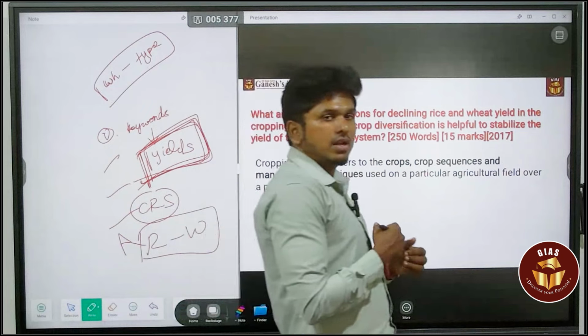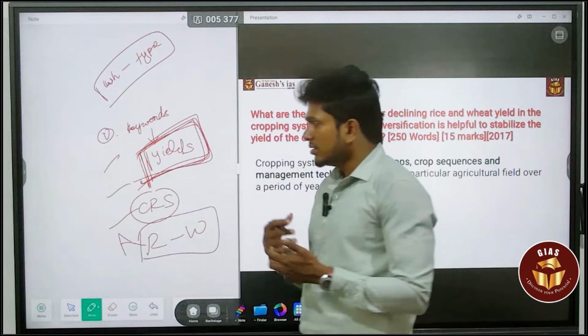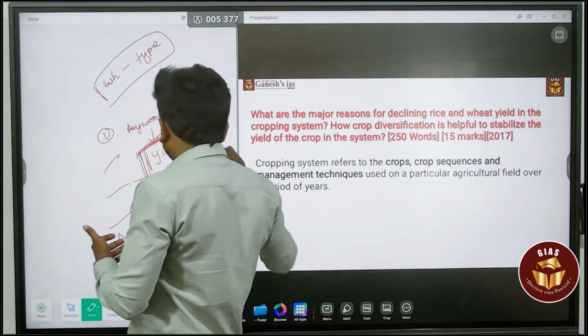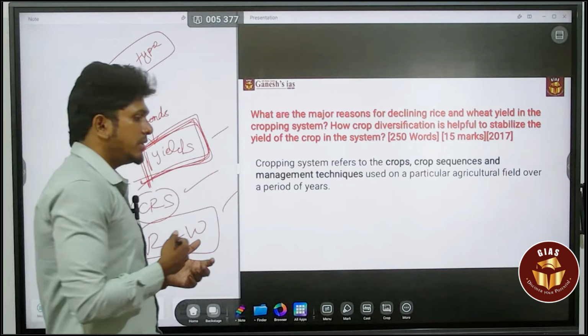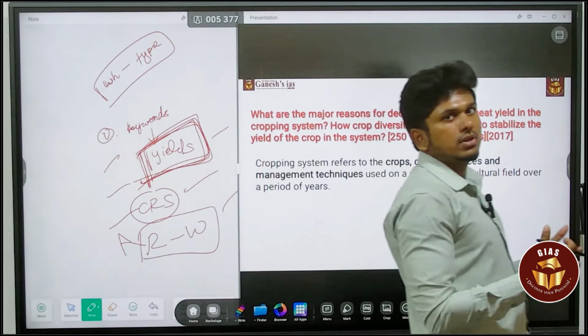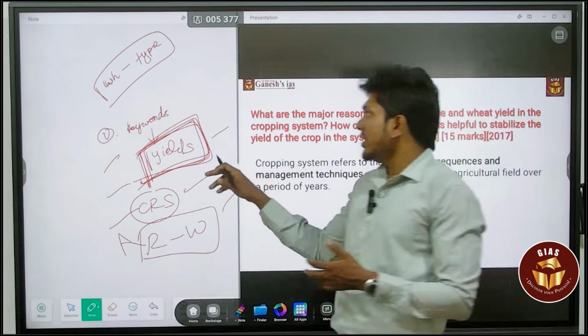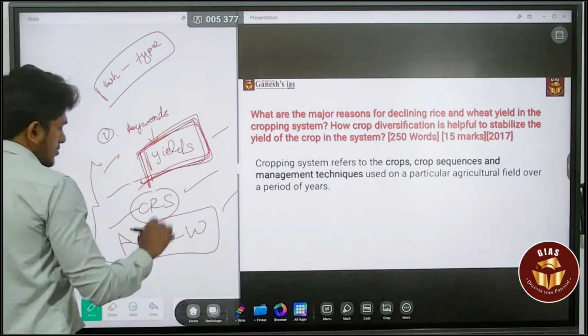You can quote that also. So these are the three various intros you can use. But the best thing is to say what yield is. That is more than enough. So the intro should be about these things.